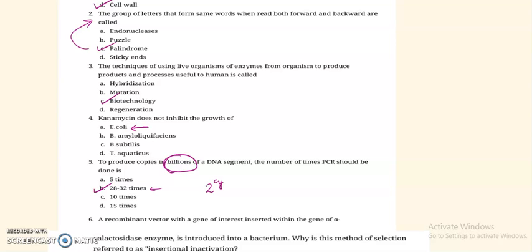So here 2 to the power number of cycles will give you the answer. Here it is giving us the maximum value, if 2 to the power would be 28, 29, 30, 31, 32, this is going to yield maximum results out of all the given options. This has been explained in video 1 also, so if you want to have a look, you can go to that video to check it out.